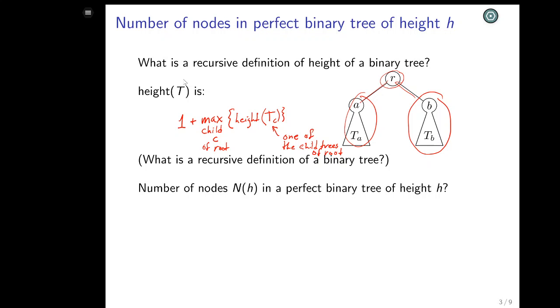Well, we know one thing, right? We know a height of a node, just one node, is equal to 0. Well, what is the height of the empty tree?